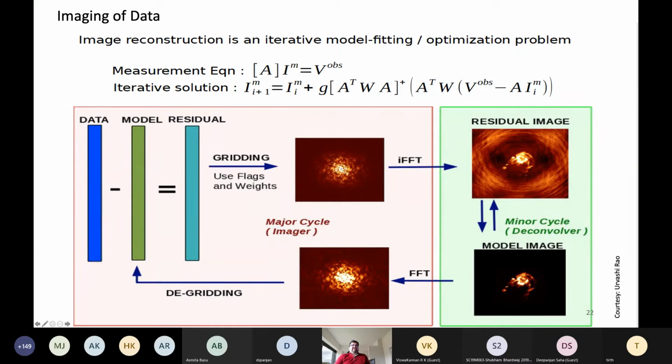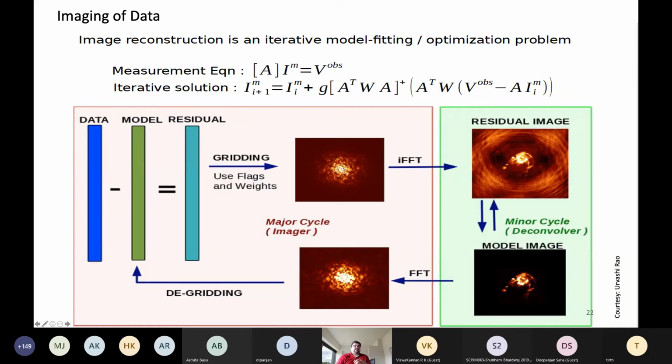So effectively, you start with some model image. You have some prior knowledge, or you start with just a point at the field center, just like a delta function. And what you do is deconvolve the sky, deconvolve the model. You take the model, you convolve it with the PSF, or the point spread function, which is the array beam, or the response of the array in the Fourier space, and you remove that from the actual data.